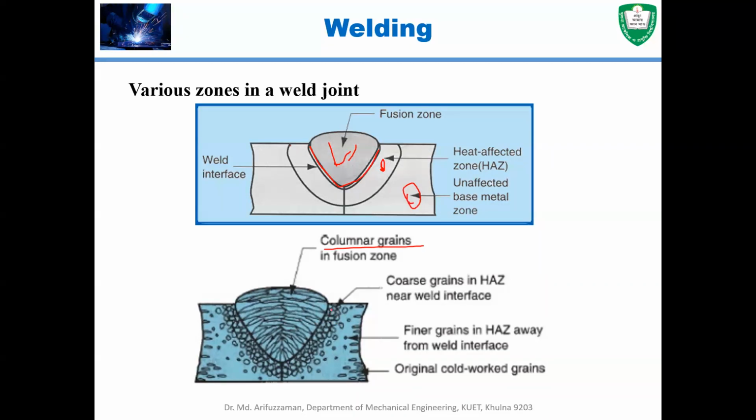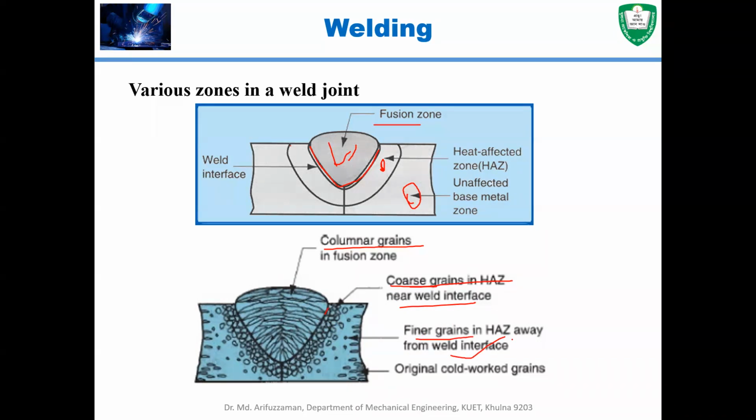After the interface between the fusion zone and the heat affected zone, the grain size will change. There are coarse grains in the heat affected zone near the weld interface, and fine grains in the heat affected zone away from the weld interface. That means close to the weld interface, grain structures are larger. The largest grains will be found in the fusion zone, then the coarse grains in the heat affected zone, and later the grain size will decrease.